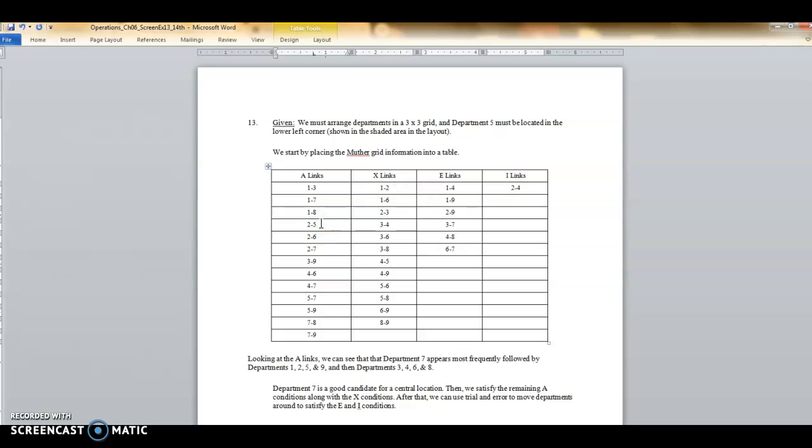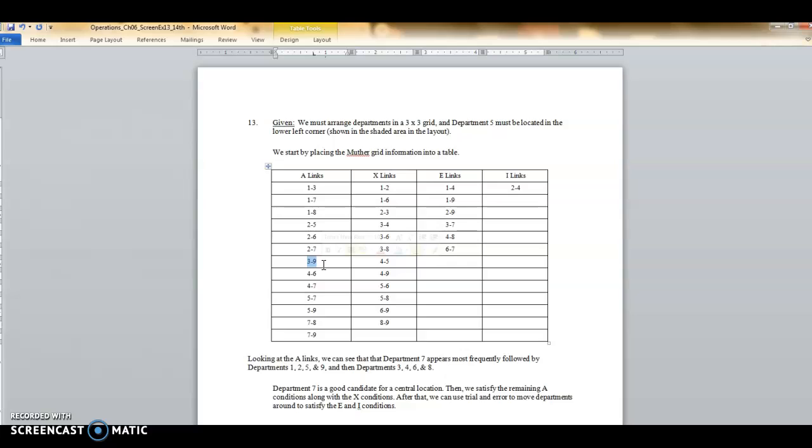Looking at the next diagonal, department number 2 has 3 A's, and they are departments number 5, 6, and 7. So department number 2 needs to be next to 5, 6, and 7. Looking at department 3, I have only 1 A link, and that goes with department number 9. So 3 next to 9.